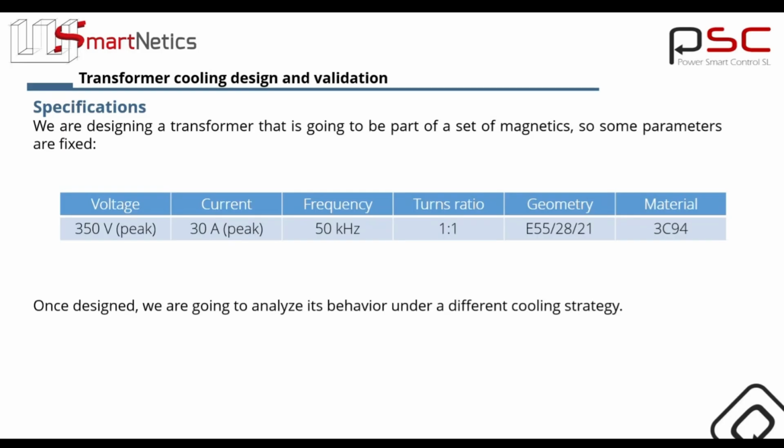And for this particular transformer, we're going to handle a 350 volts sinusoidal signal, a 30 amps sinusoidal current with 50 kilohertz and a turns ratio of 1:1. Okay? Once we have designed that, we're going to analyze how it is going to behave in a different scenario, maybe with a different voltage, different current, etc.